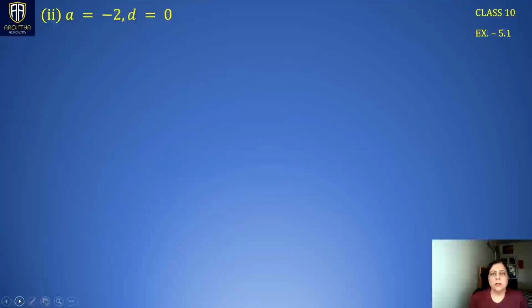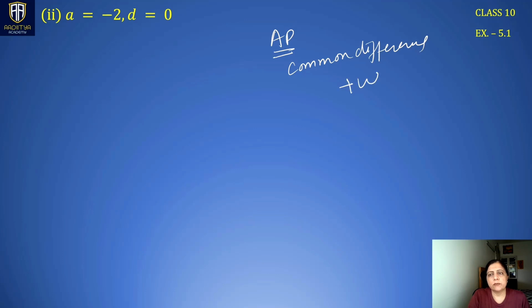Second is A is -2 and D is 0. In the introductory video, we have learned that an AP can be formed with one term given to us, and the common difference can be a positive number, can be a negative number, and can be 0.